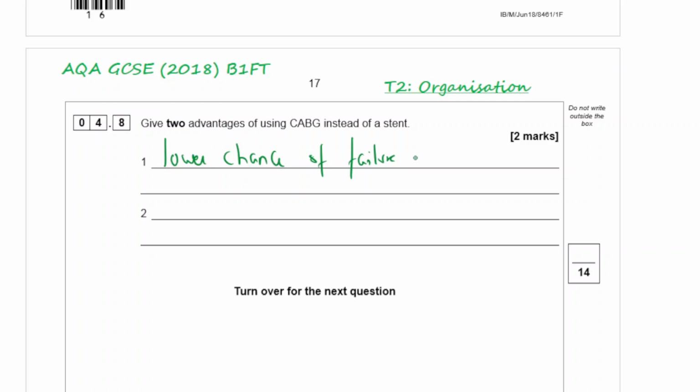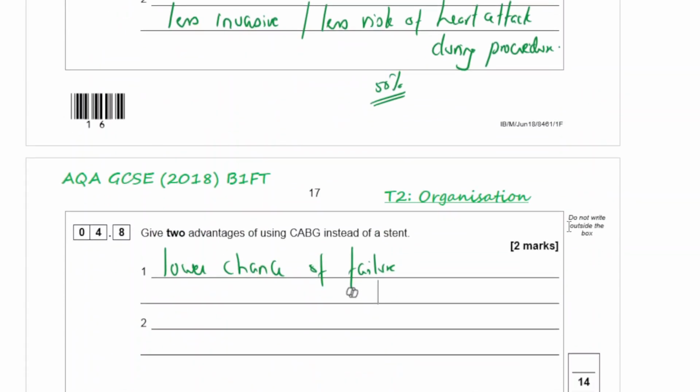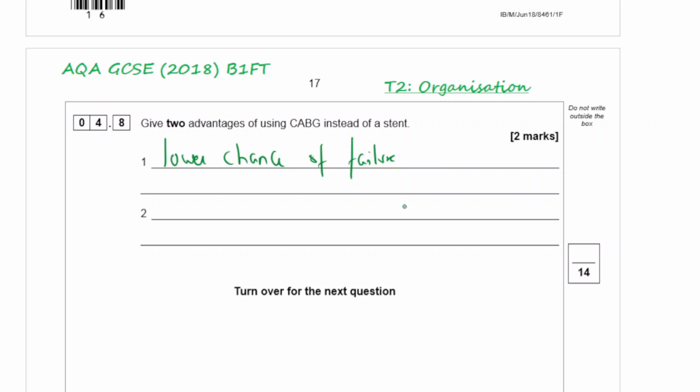They have said within 1 year, so I would follow that up: lower chance of failure within 1 year. Maybe the chance of failure increases after some time, but they haven't given that. Or you could even say that there's only a 5% chance of failure as well. You can use the data.